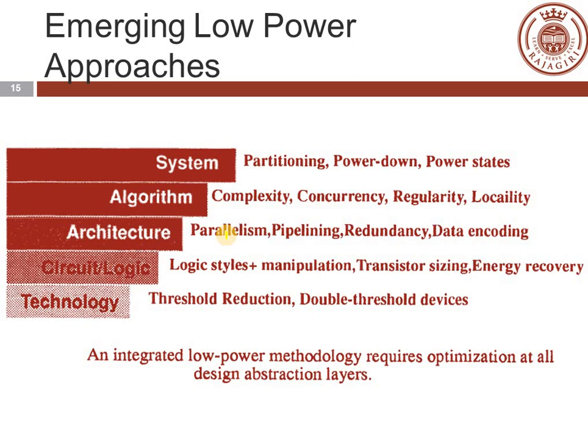But if you increase the threshold, you can have high frequency operation, but our power consumption will increase. So these are two extremes, and in between we need to manage. Sometimes we may use double threshold devices.